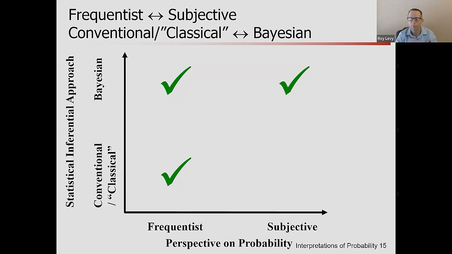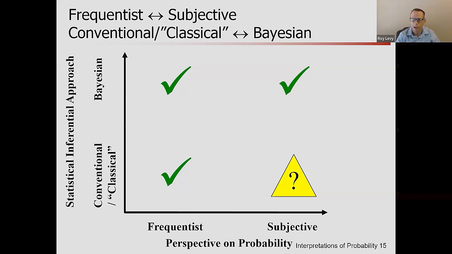That's the meaning of probability, and they still use Bayesian methods. It's more of a question mark down here. Can you adopt the subjective view of probability and still use conventional or classical kinds of approaches to inference? And again, I think the answer there is yes, you can.